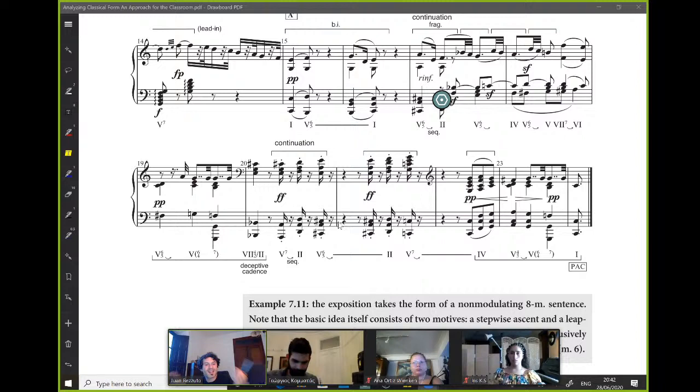That's the purpose of this deceptive cadence. It doesn't extend the phrase; it just allows another phrase to kick in, which gives this A prima a size that is best for this sort of equilibrium between the A and the A prima.